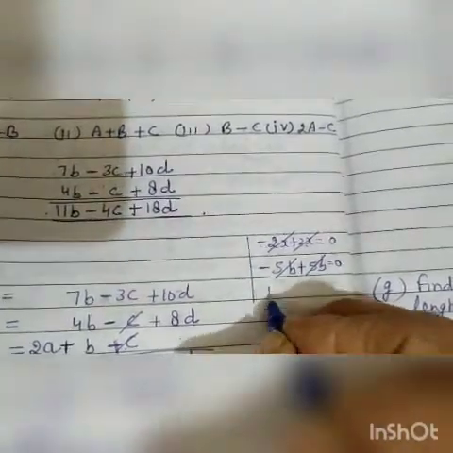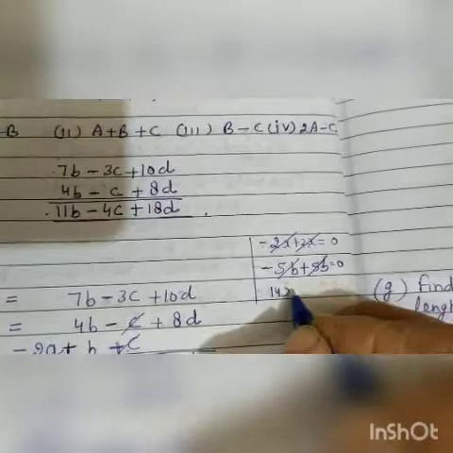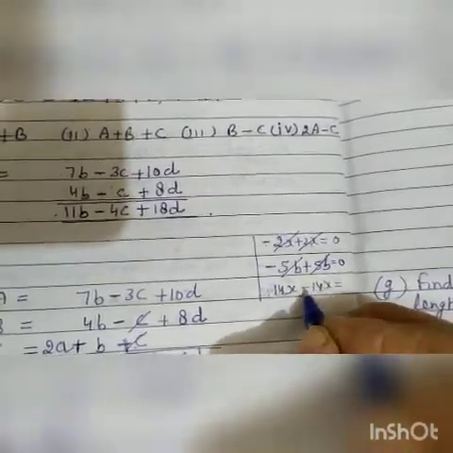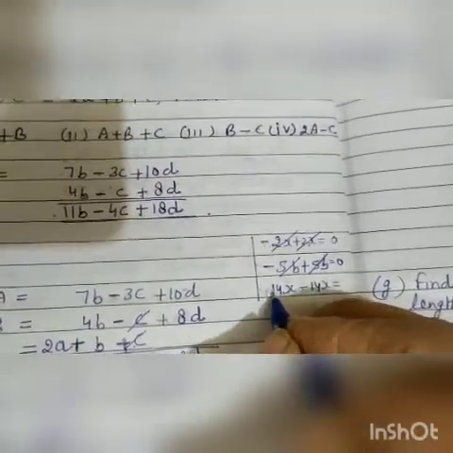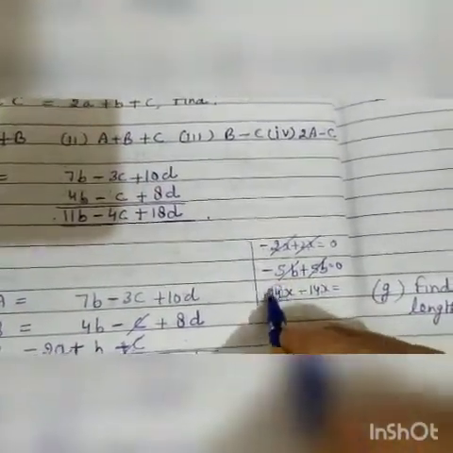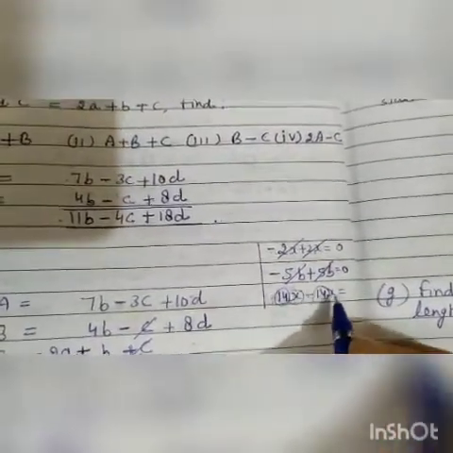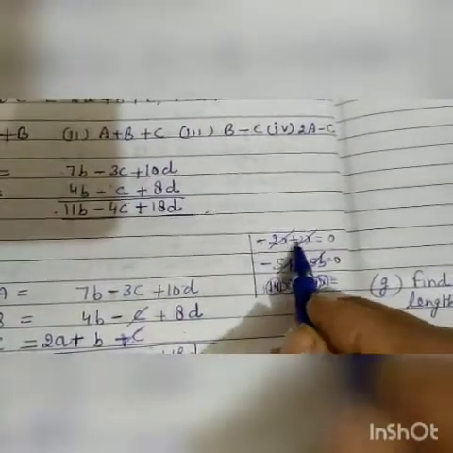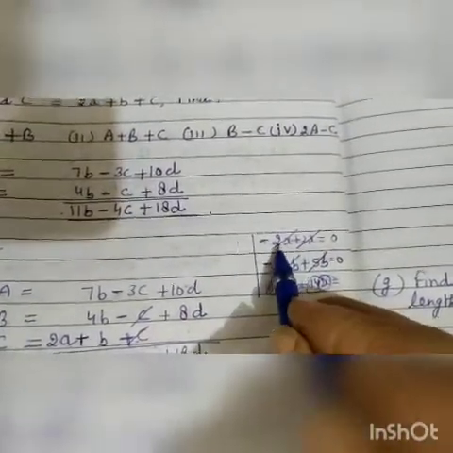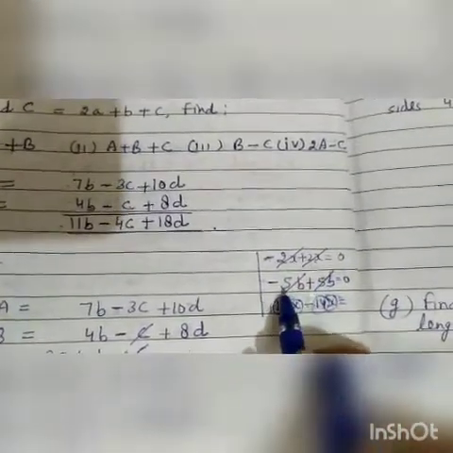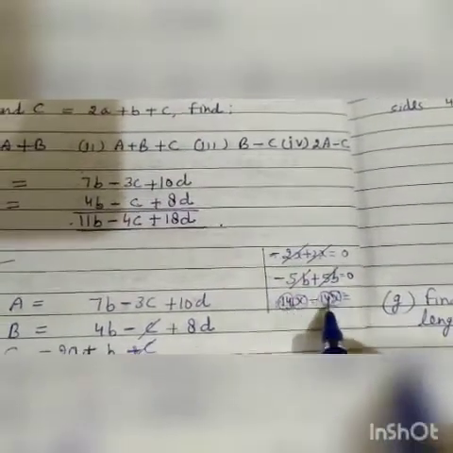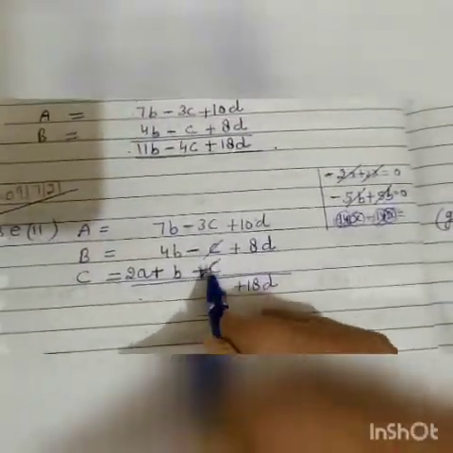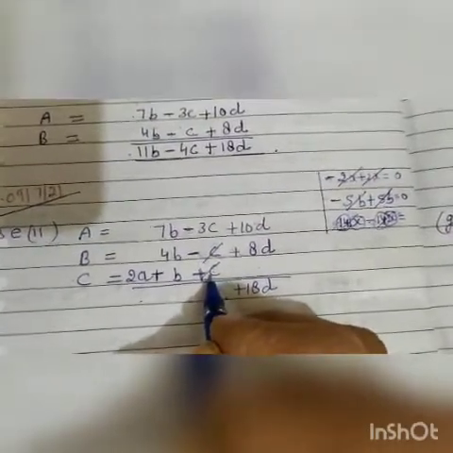Suppose 14x minus 14x, this 14x with plus sign and this 14x with minus sign. Again two numbers are with different sign and their numerical value is same, their literal factor is also same. When two numbers are with different sign, minus plus or plus minus, and both are same, it is 2x, it is also 2x, it is 5b, it is also 5b, it is 14x, it is also 14x, they are cancelled. So here minus c and plus c, these two numbers will be cancelled.